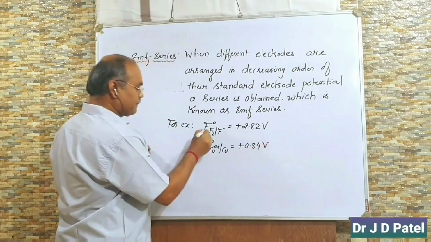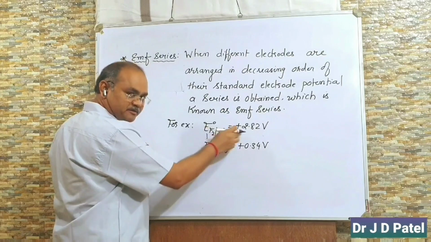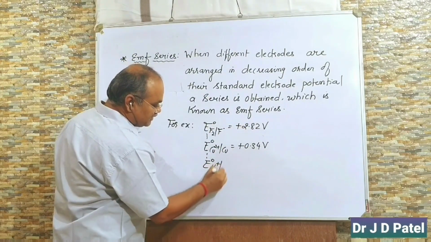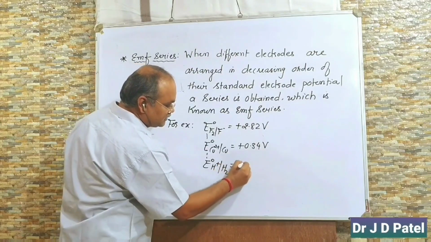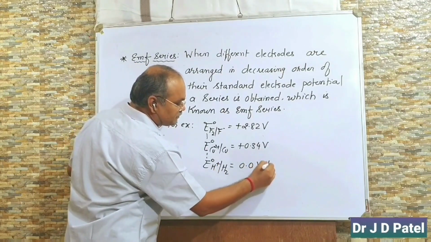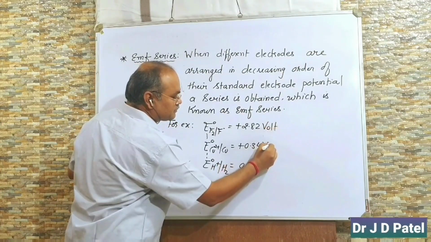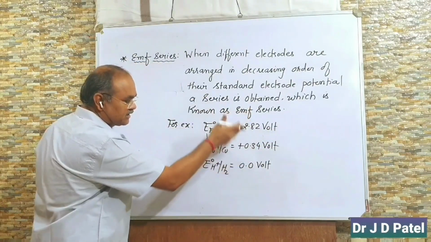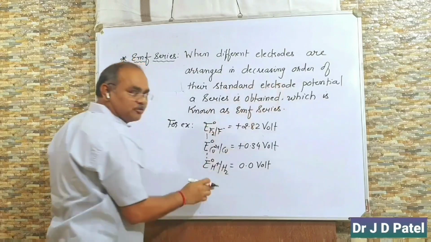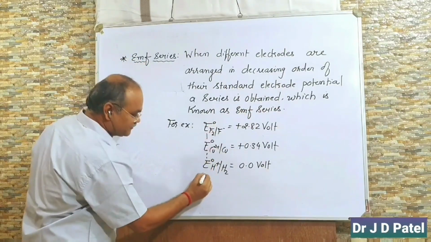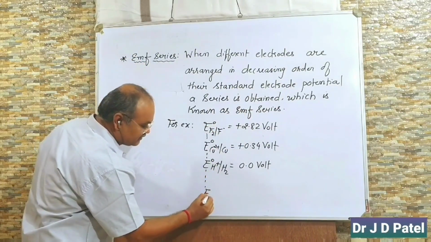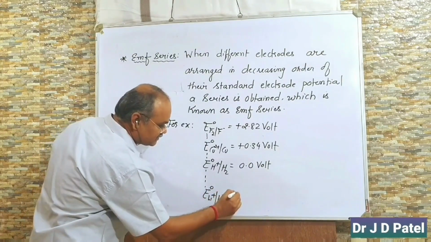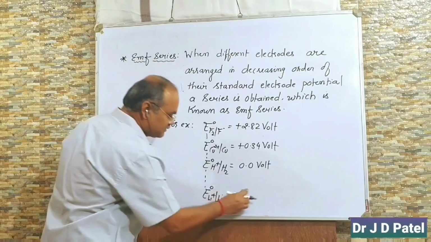In between there are so many. Third I know H plus oblique H2, 0.0 volt. Right? I am going on arranging according to that standard electrode potential, and standard is nothing but reduction. And at the end, E0 Li plus oblique Li, this value also we have written, it was minus 3.02 volt.